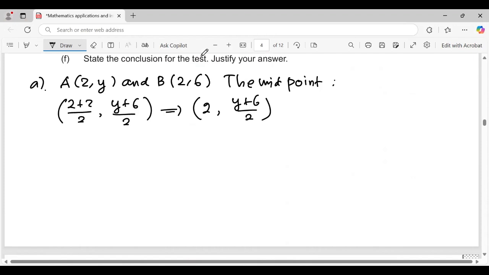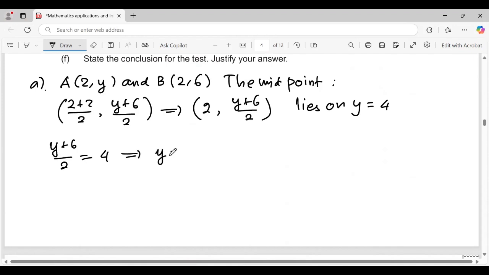And if you look at the diagram, this coordinate point lies on y = 4. So we can determine y, because if this y equals 4, it means (y + 6) over 2 equals 4.